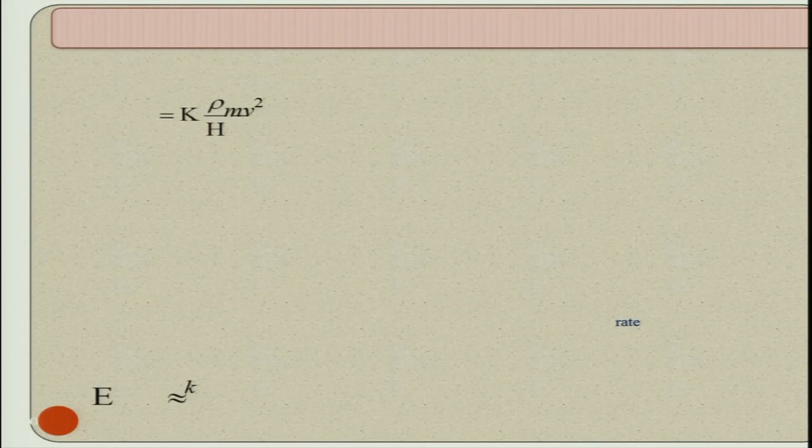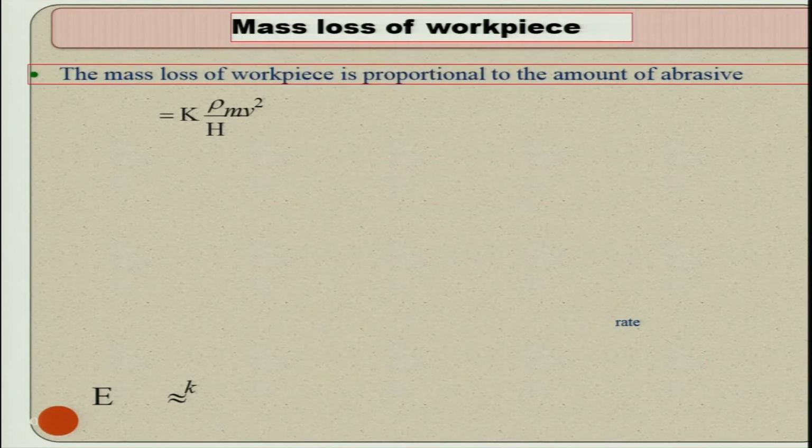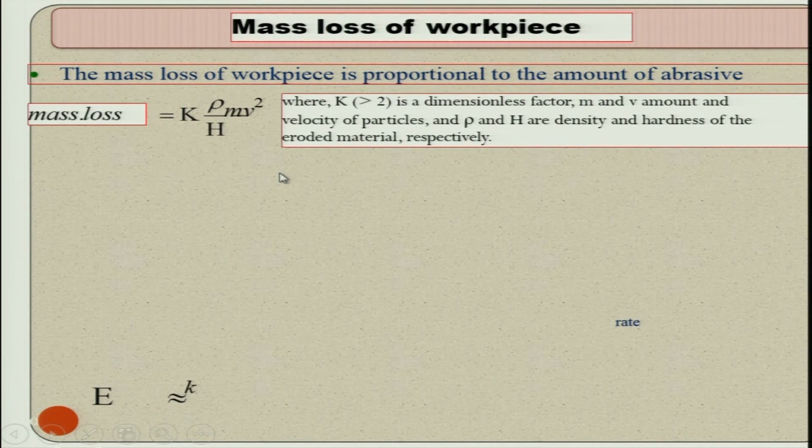Let us understand the theory of mass loss of workpiece material during abrasive jet micromachining. The mass loss of the workpiece is proportional to the amount of abrasive particle mass: K rho m v squared over h, which is related to the kinetic energy.